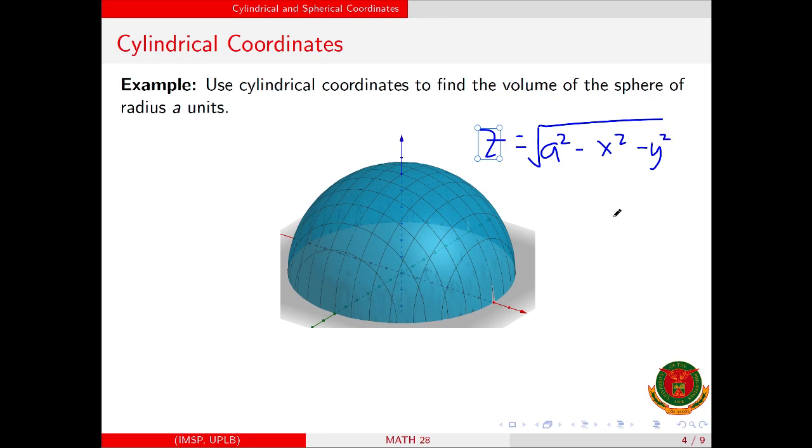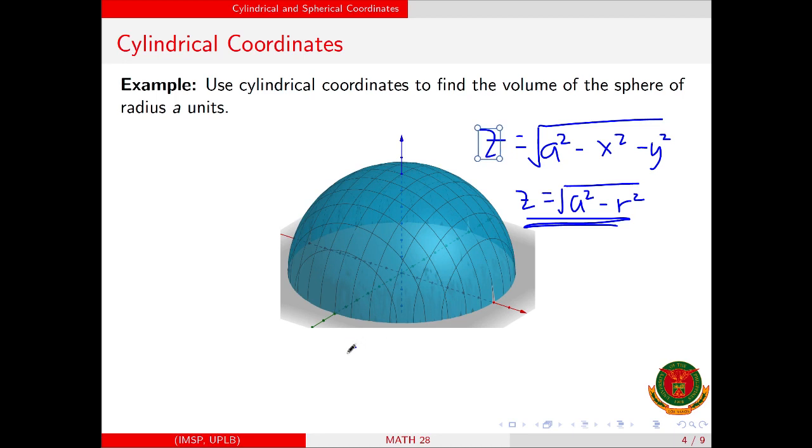Converting this into cylindrical system, that could be written as z equals square root of a squared minus r squared. So from our expression a while ago, the height function for the cylindrical coordinates is given by this one: z equals square root of a squared minus r squared.